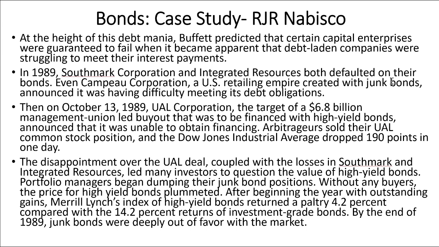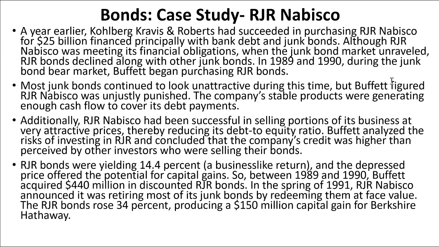By the end of 1989, junk bonds were deeply out of favor in the market. And as earlier, Kohlberg, Kravis, and Roberts had succeeded in purchasing RJR Nabisco for 25 billion, principally with bank debt and junk bonds. Although RJR Nabisco was meeting its financial obligations, when the junk bond market unraveled, RJR bonds declined along with the other junk bonds.